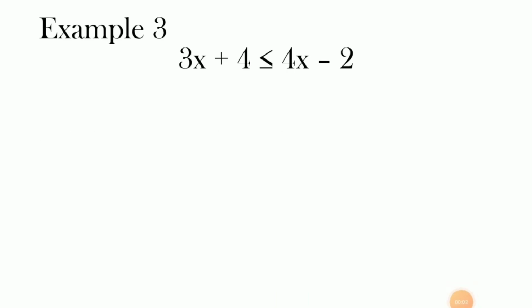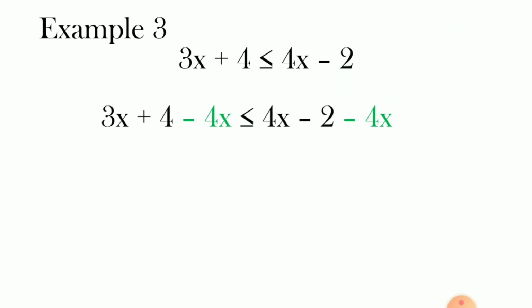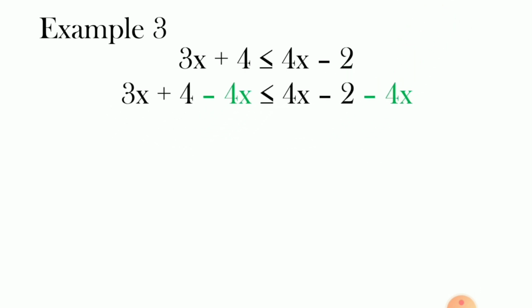Next example, we have 3x plus 4 is less than or equal to 4x minus 2. First, subtract 4x on both sides of the inequality. So that is 3x plus 4 minus 4x is less than or equal to 4x minus 2 minus 4x. So 3x minus 4x, that is equal to negative x, then copy positive 4.